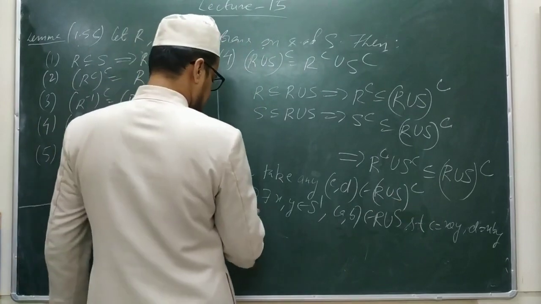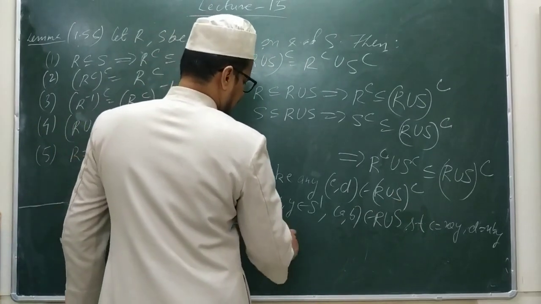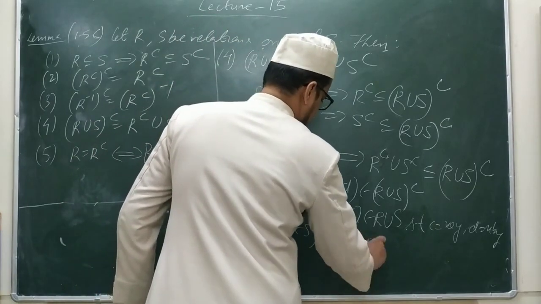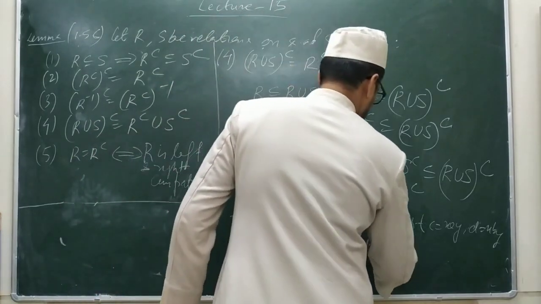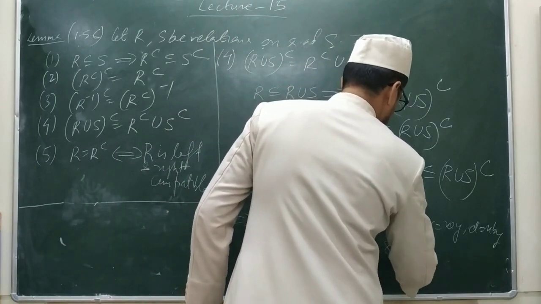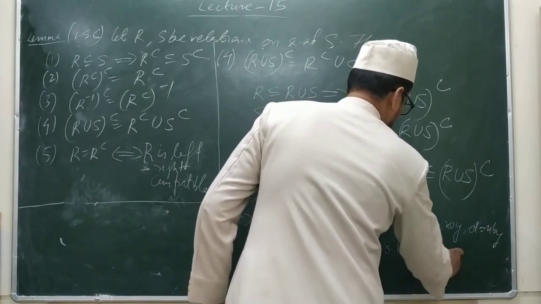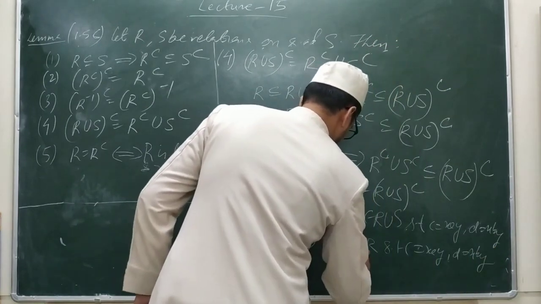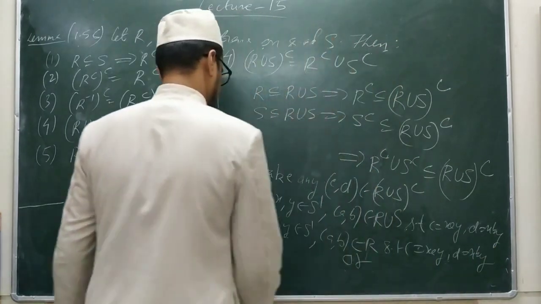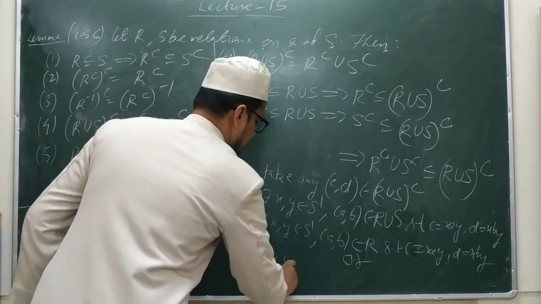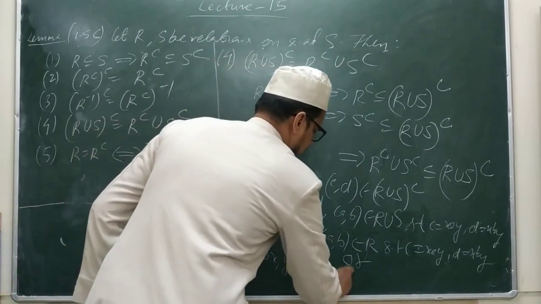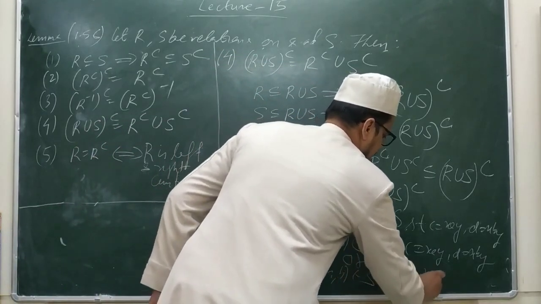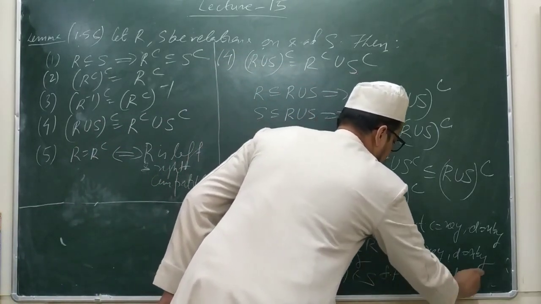It implies that there exists X, Y belonging to S1, A, B belonging to R, such that C is equal to XAY and D is equal to XBY, or there exists X, Y belonging to S1, A, B belongs to S, such that C is equal to XAY and D is equal to XBY.